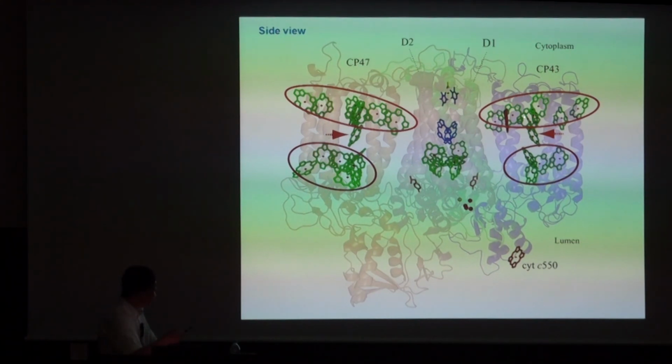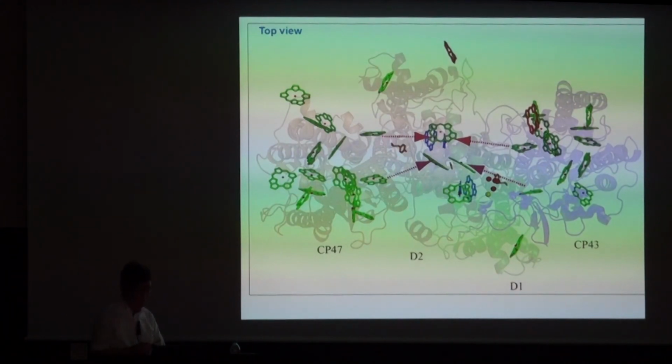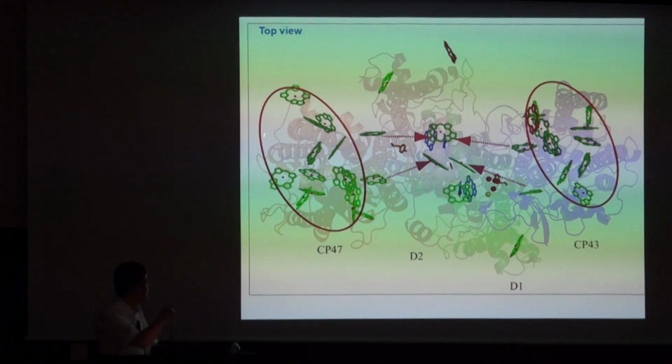Between these two sides, the energy is absorbed by these chlorophylls and the reaction center chlorophyll. There are also two chlorophylls here and here. The energy absorbed by these chlorophylls is transferred to the reaction center chlorophylls through these two chlorophylls.